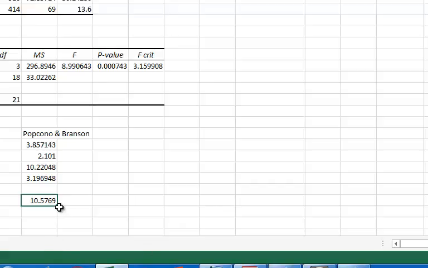So in this case the upper limit is 1058. If you copy this here and subtract, the lower limit is minus 286.